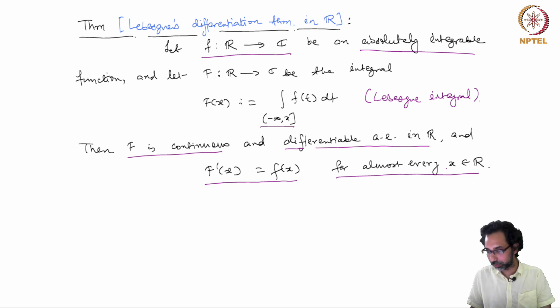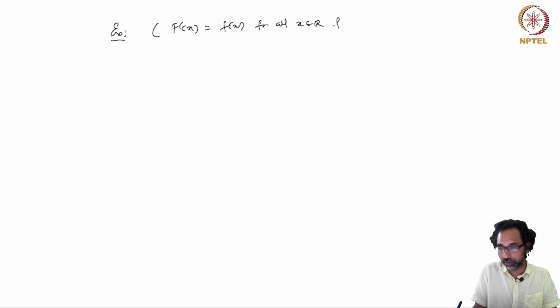So a simple example will show that if you try to enforce F prime x to be f(x) everywhere in R, then this will easily fail. So let me give an example for which F prime x equals f(x) for all x in R fails.